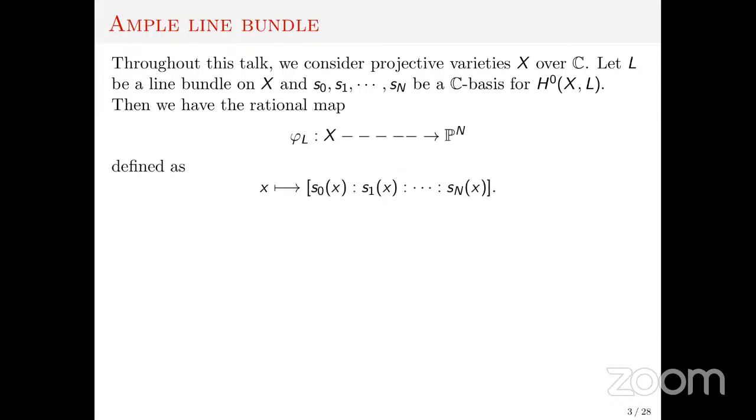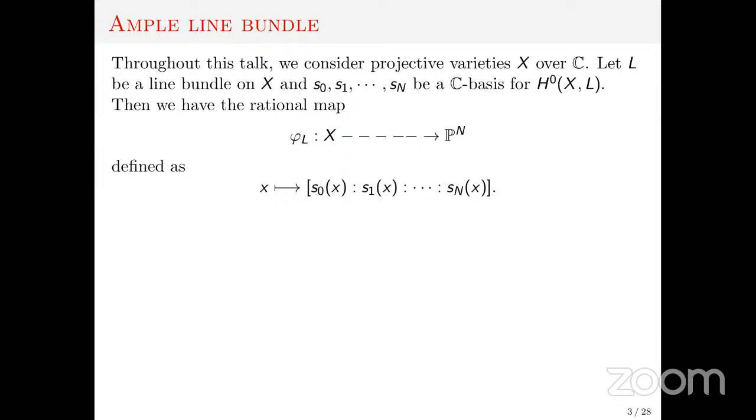Suppose L is a line bundle on such a projective variety X, and we choose a basis for the space of global sections of the line bundle. Using this basis, we can define a rational map to projective space just by evaluating this basis.